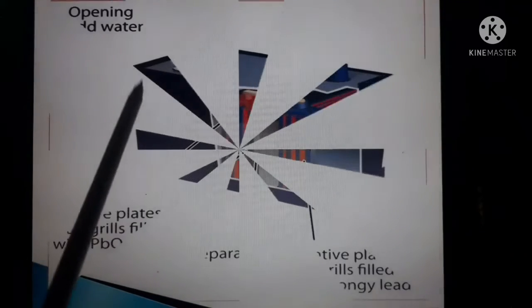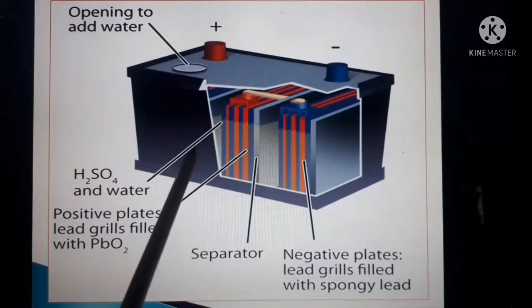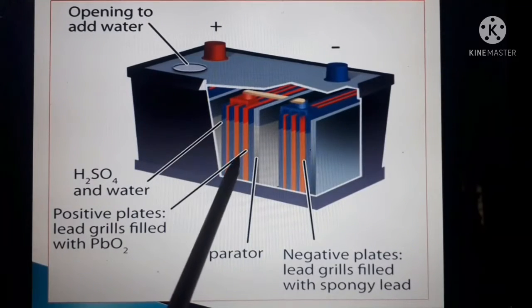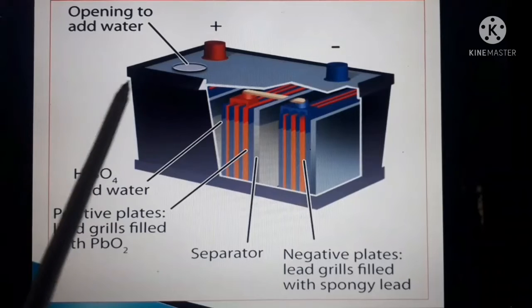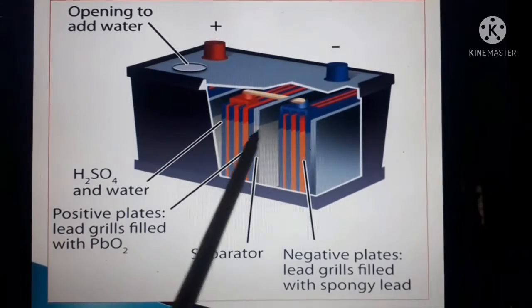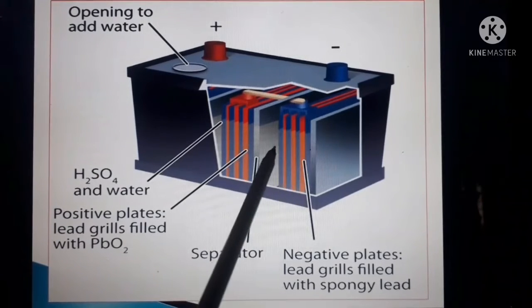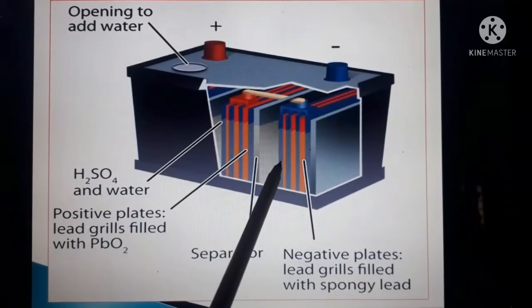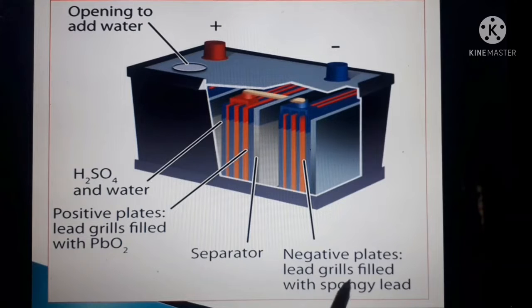Now see the diagram. The cell's inside components are there. The two components, positive and negative. Here the negative plates are lead grills with spongy lead. This is the negative.